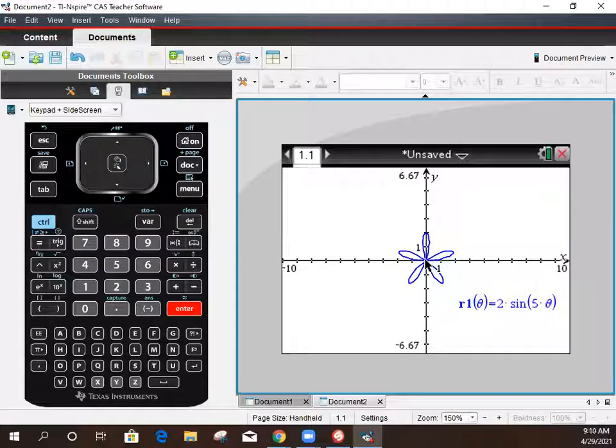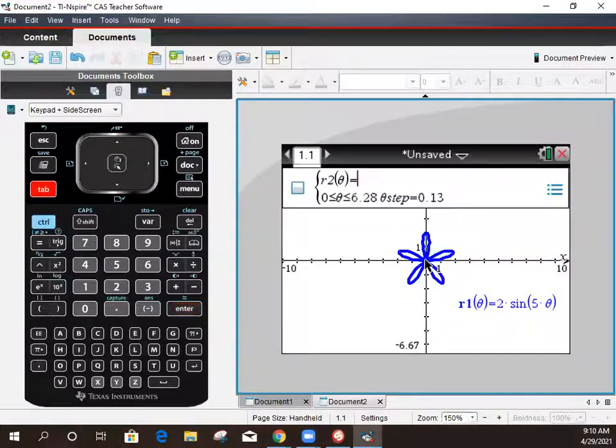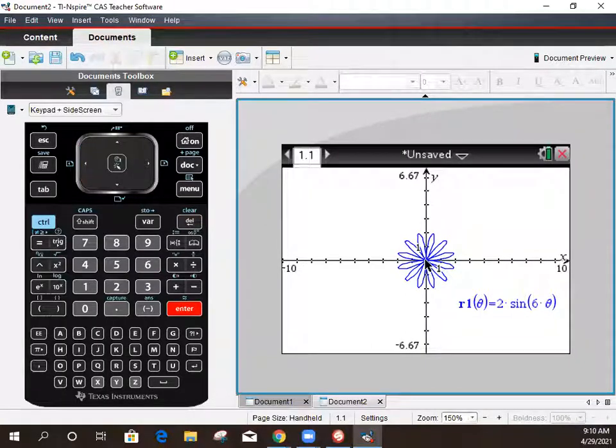And if N is even, then it's also symmetric over the polar axis. What do I mean by that? Oh, you can't see what I'm writing because I'm showing my calculator, but I'm just writing what I'm saying. I'll project it in a second. When N is odd, it's symmetric over the y-axis, or the theta equals pi over 2 axis. When it's even, it's symmetric over both. You could flip it over the x or the y-axis and it would flip onto itself.